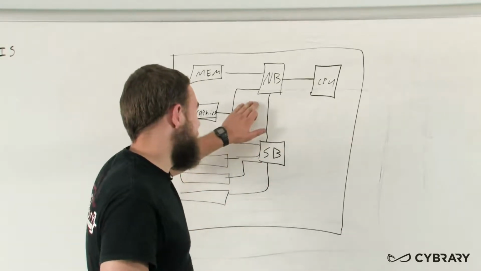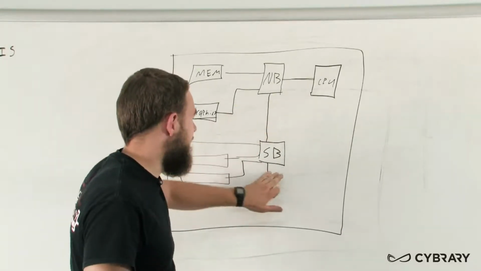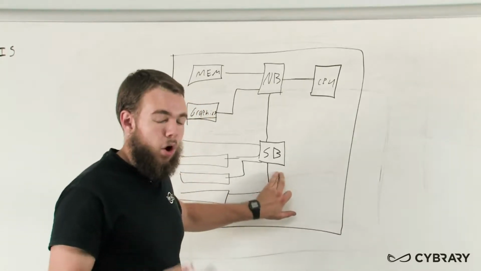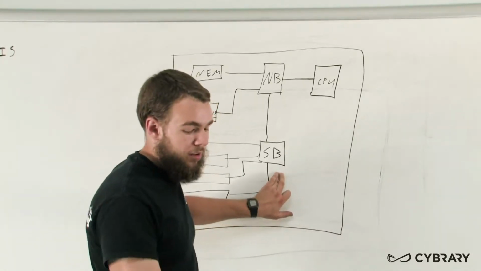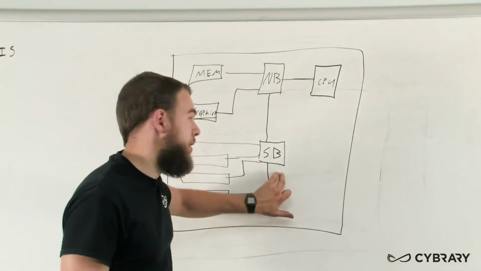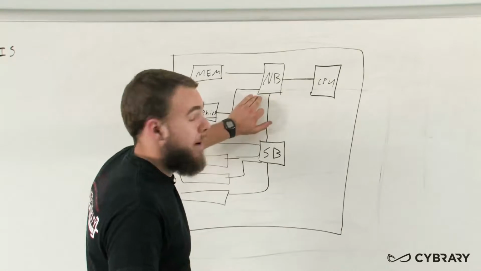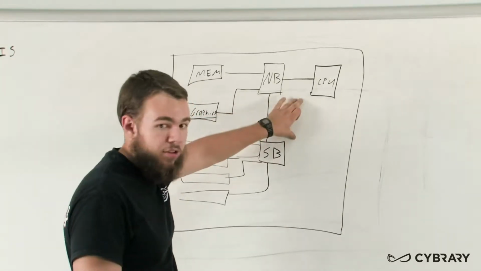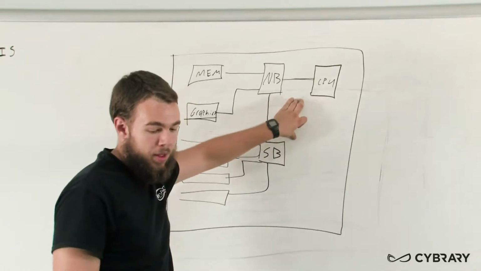Because if it's over what our North Bridge and South Bridge can handle, it's not going to give us any improvement. Again, it's always very important to research what your motherboard can handle, research the specifications on your motherboard, and this will give you information about your North Bridge and South Bridge and how that can correspond with your CPU, if you can upgrade your CPU.